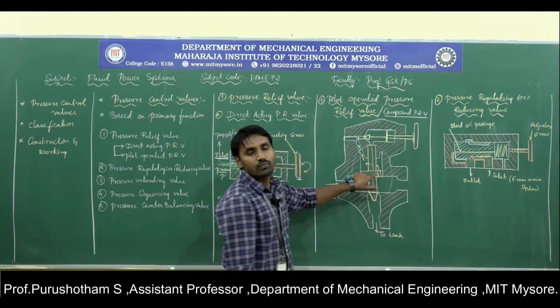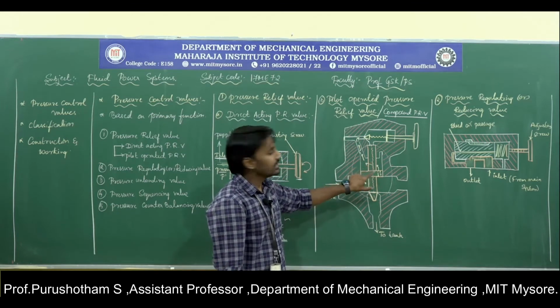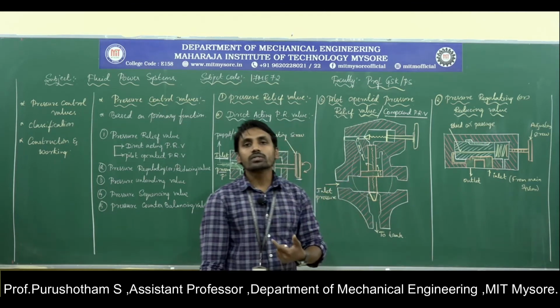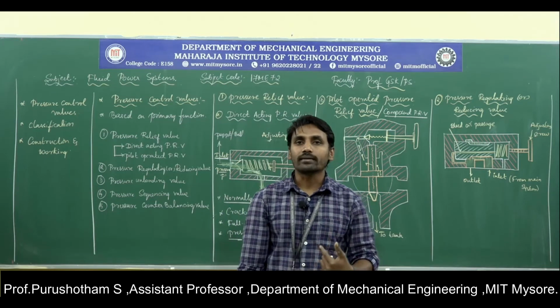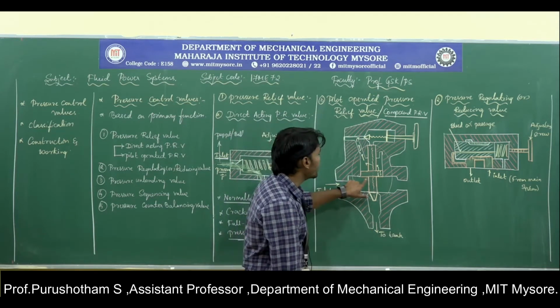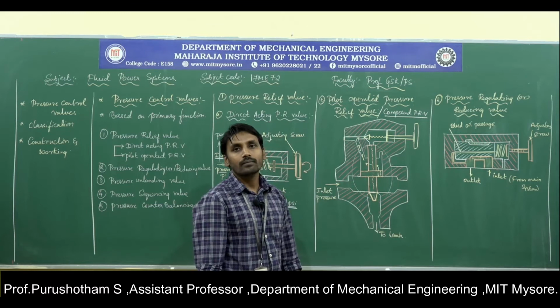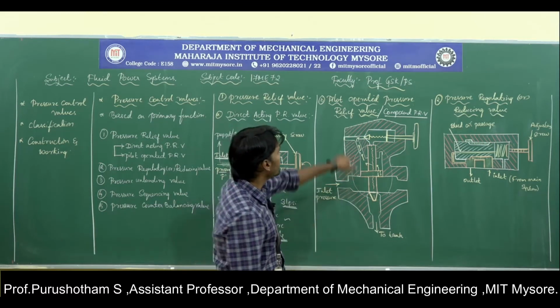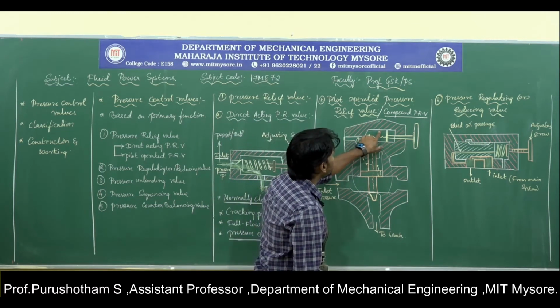This is called the main valve, which allows a higher flow rate through it. Then the second stage is the pilot pressure relief valve.